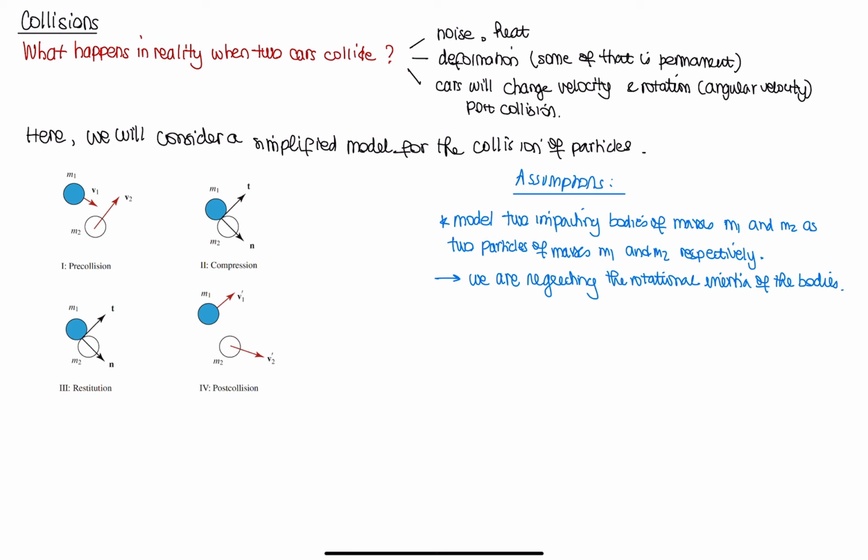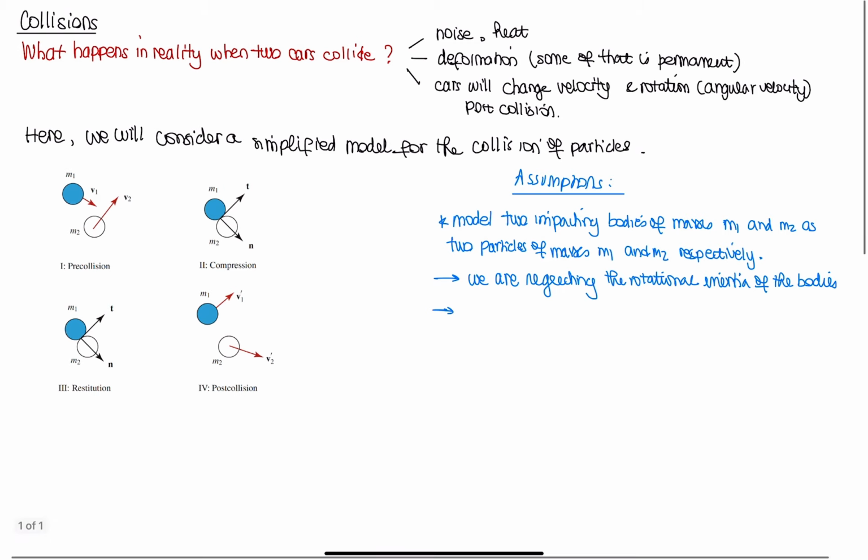Actually, this also means that geometrically the body might be a big object, but we're assuming that it is a particle. So we're looking at basically just a particle with the mass of the bodies concentrated at their centers of mass.